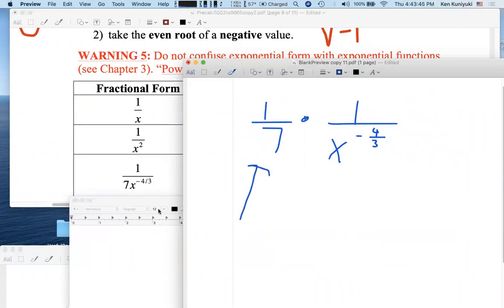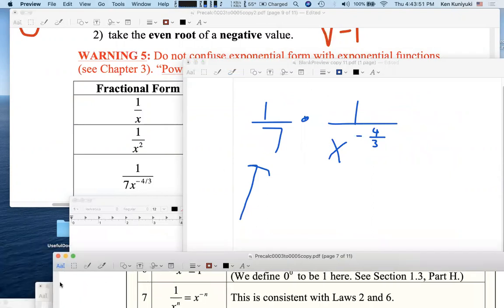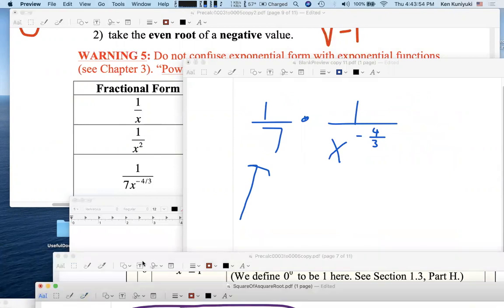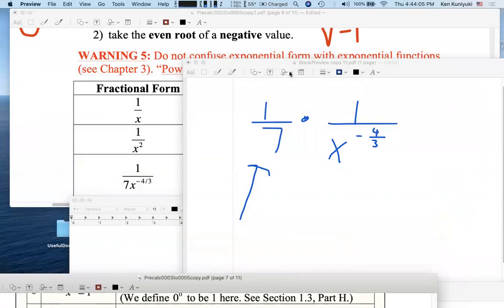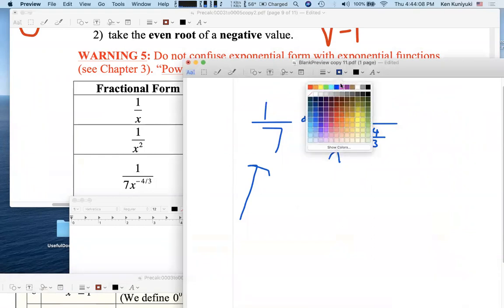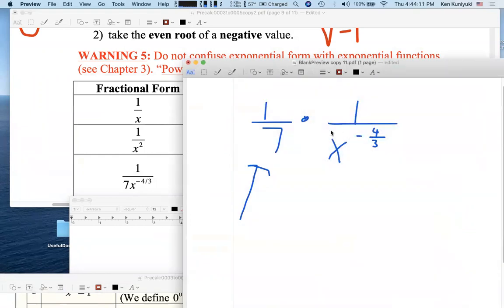Now, the x to the negative 4/3, remember we had a rule over here. We're basically using rule 7 again, except n is a negative number this time. We can do this sort of popping or hopping rule. So x to the negative 4/3, it's in the denominator. It's certainly a factor of the denominator. That can pop out or pop up in the other part as x to the positive 4/3.